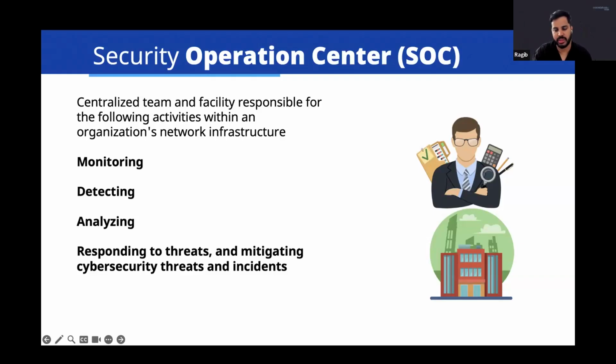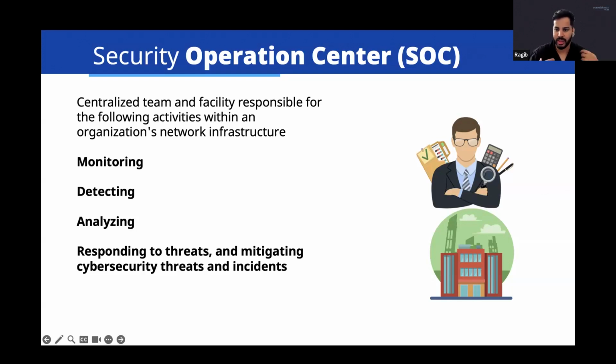The first activity is monitoring. They're constantly watching your network infrastructure 24/7, looking for anything suspicious. Then there's detecting. They use advanced tools and techniques to spot threats that might slip past your automated defenses.